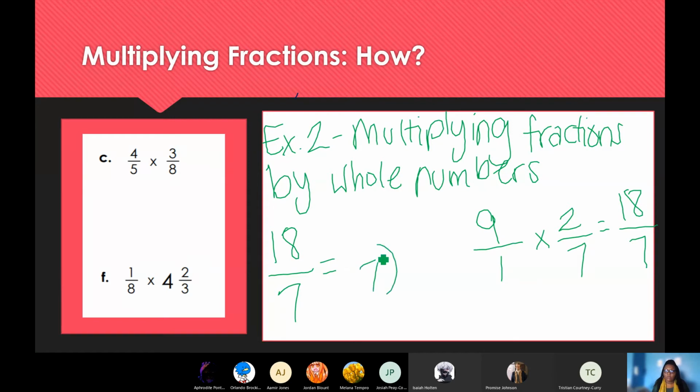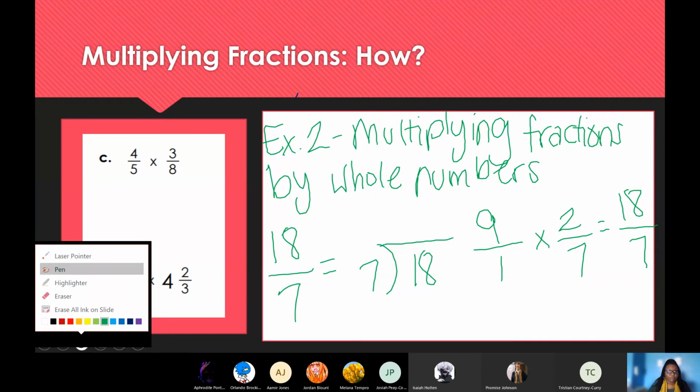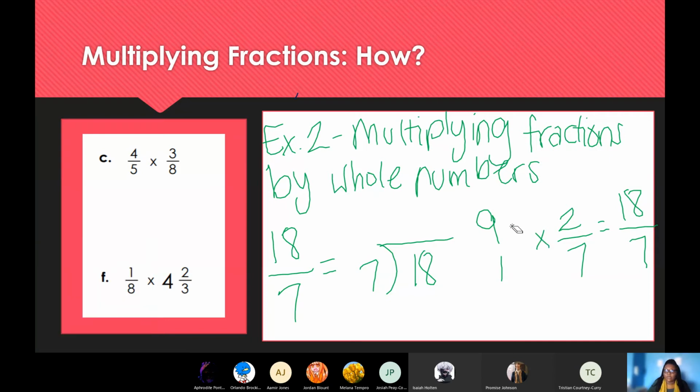Well, I would set up a division problem where I have to ask myself, how many times will 7 fit into 18 without going over?